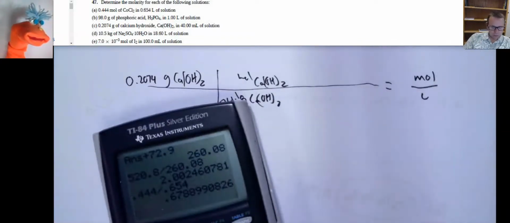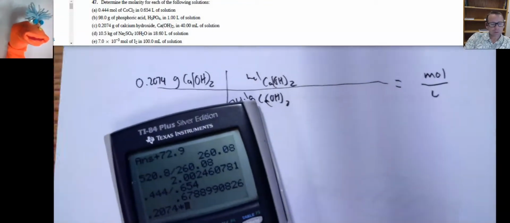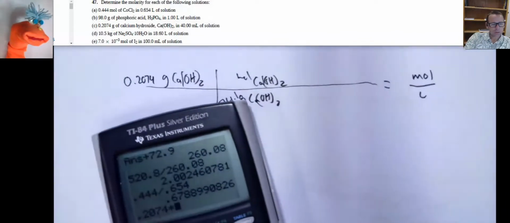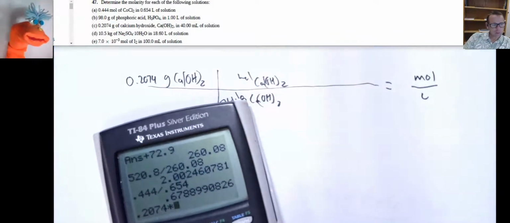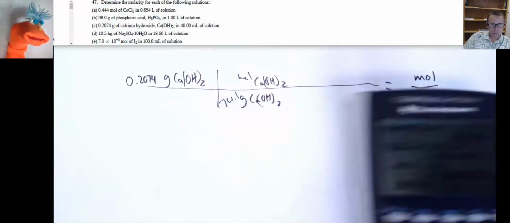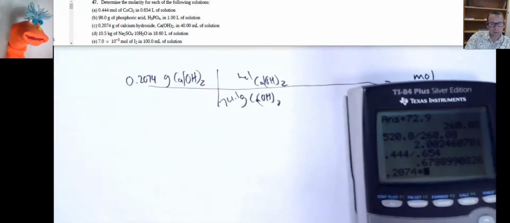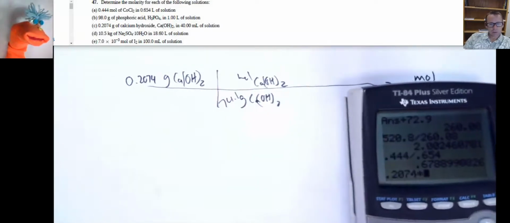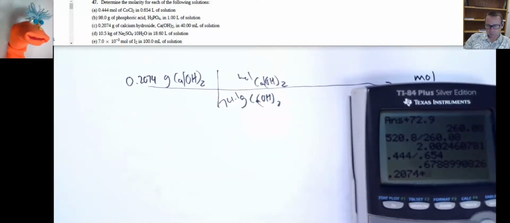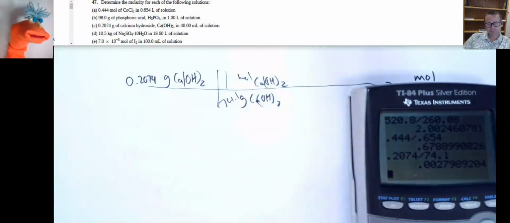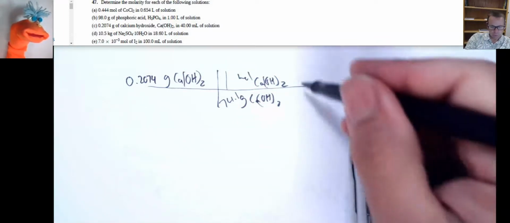So if I go 0.2074 divided by 74.1, I get 0.00279. That's moles, but we're not done yet.